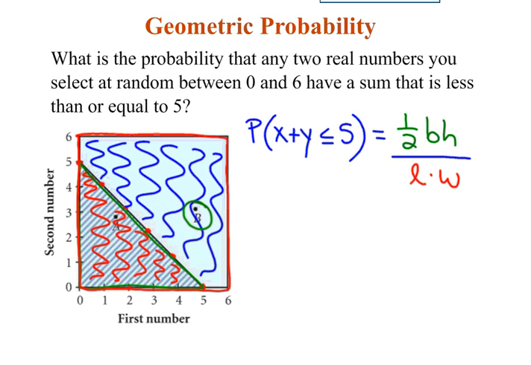So we're going to calculate these two areas, and we're going to come up with our probability. The base of our triangle is 5, and the height of our triangle is 5. So we would have 1/2 times 5 times 5. The length of our square is 6, and the width of our square is 6. So this would be 6 times 6.